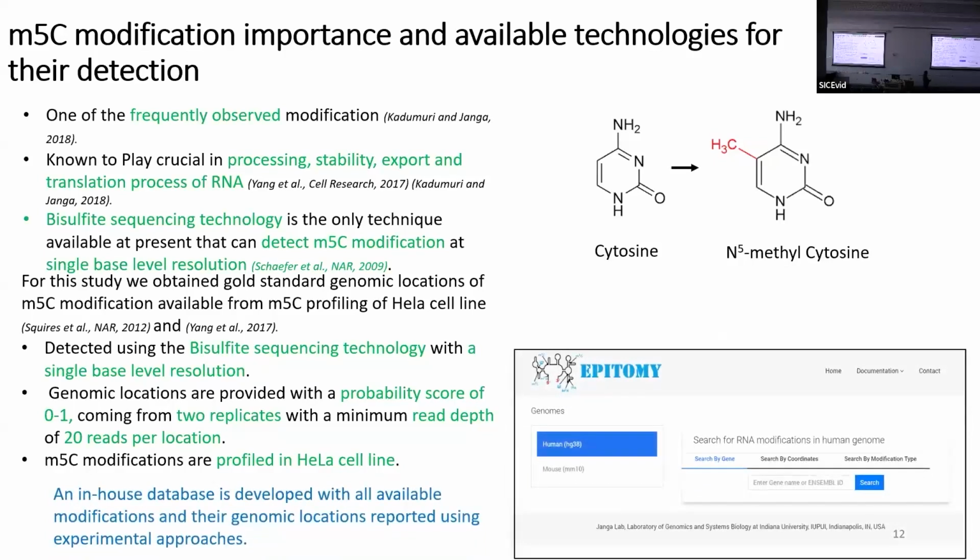Together with Epitomy, which is a database that we put together, we were able to generate a list of all bona fide locations in the human genome where modifications are known to occur. So you have so-called gold standard locations where modifications are occurring, and you have a technology where you have sequenced, and you have a reason to believe that a change will occur when this modification occurs.